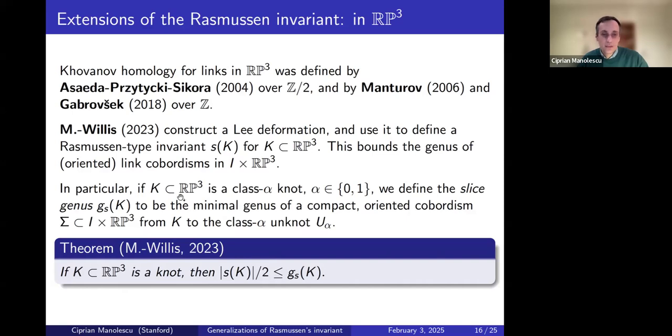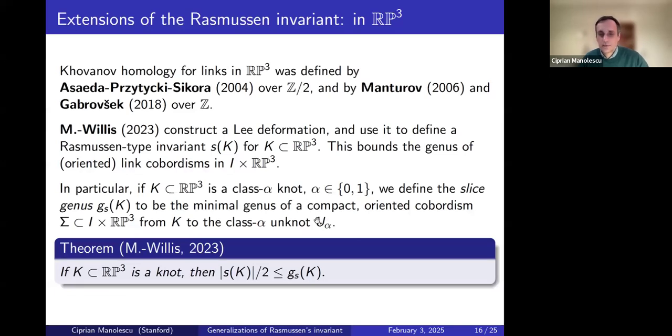Okay, so we can also define some sort of slice genus. The slice genus, the ordinary one, is the minimal genus of a cobordism between a knot and the unknot. Here, for a class alpha knot, we define it to be the minimal genus of a cobordism between your knot and the class alpha unknot, either the ordinary unknot or RP1.